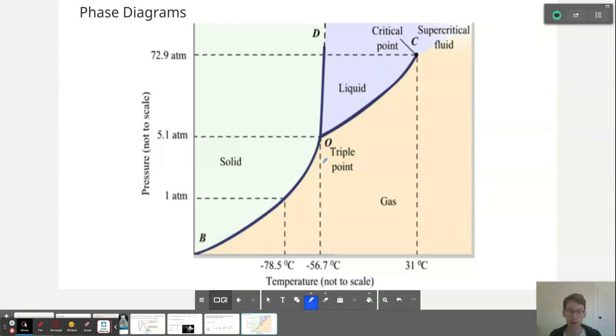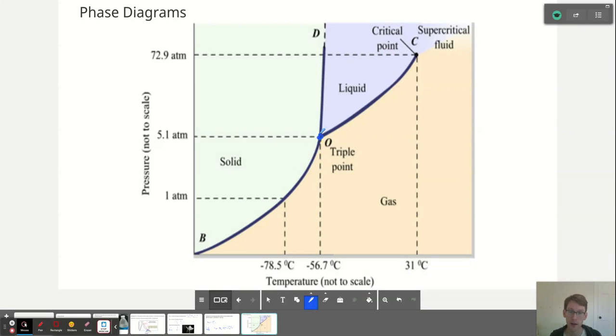If we go to negative 56.7 degrees Celsius and 5.1 atmospheres of pressure, very specific conditions, actually all three phases will exist at what is called equilibrium at this triple point.